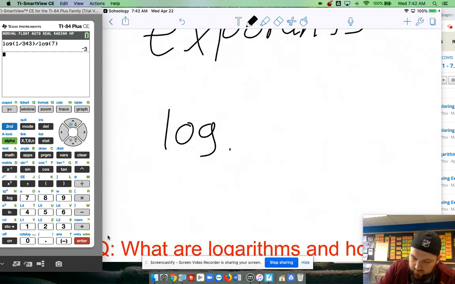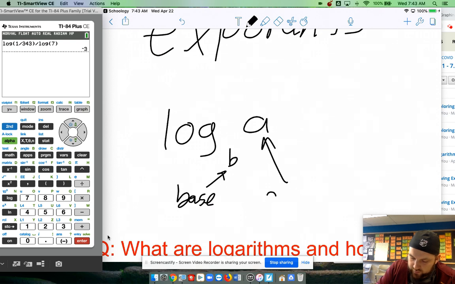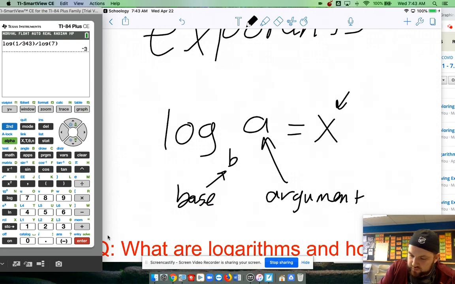Log base is what that's called. This is called the argument, equals, and this is the exponent. All right, that'll do it. On to 7.5.